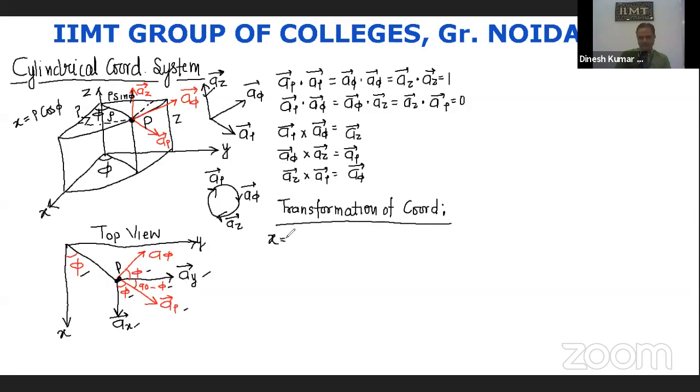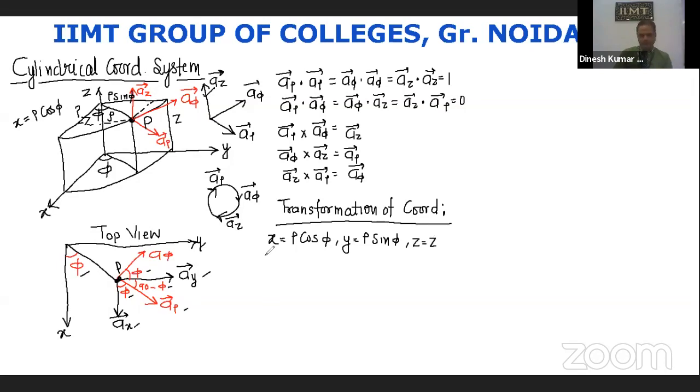So x is rho cos phi, y is rho sin phi, and z is the same in both the coordinate systems.